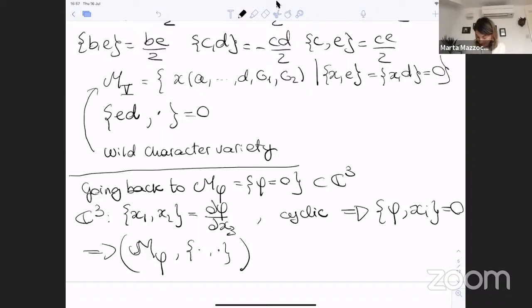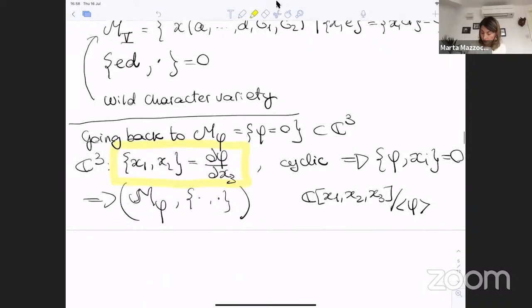Namely, we take the space of polynomials modulo the ideal, and this algebra is a Jacobian. So the Poisson structure is given by a relation of this type.